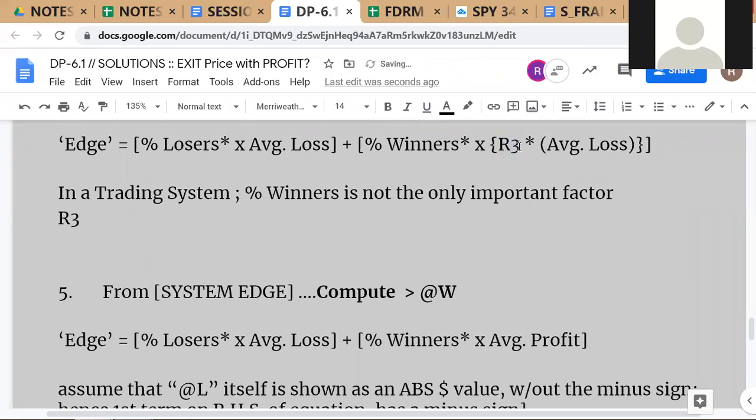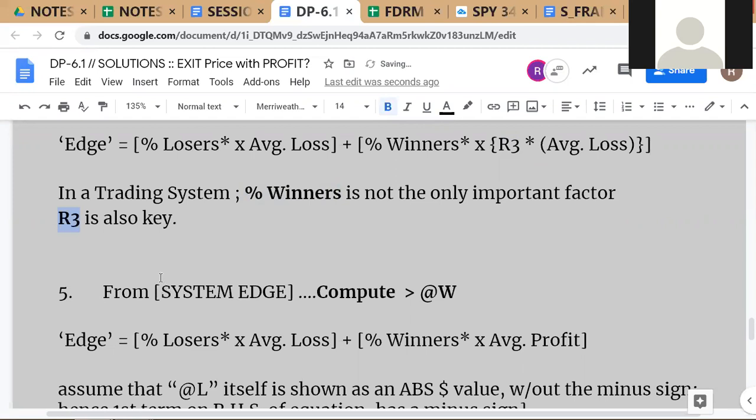R3 is also key. You can have a system which will have very low percentage winners, but if it has a high R3, I hope you can see this.